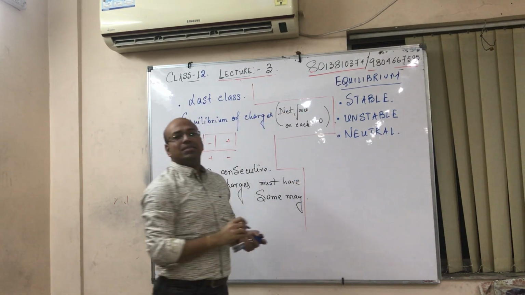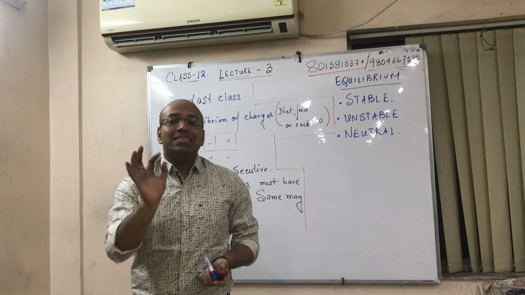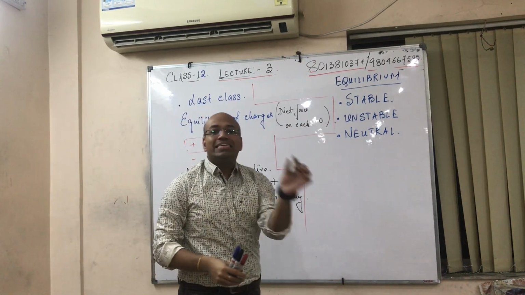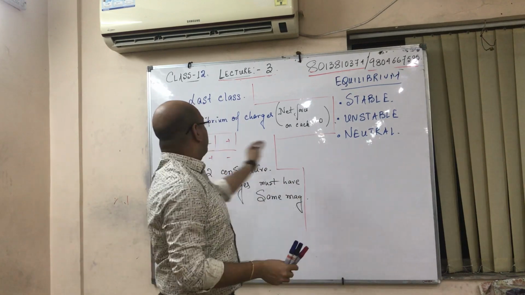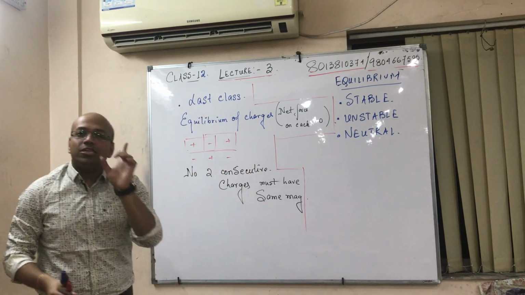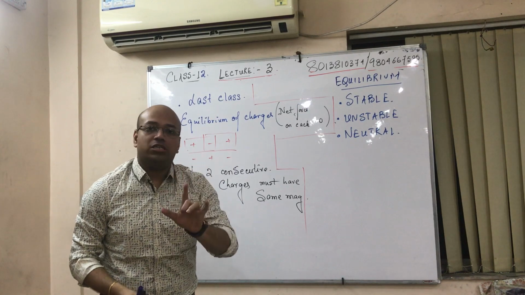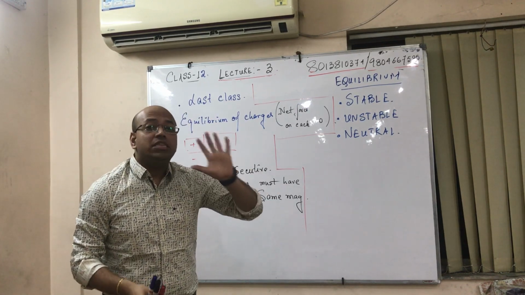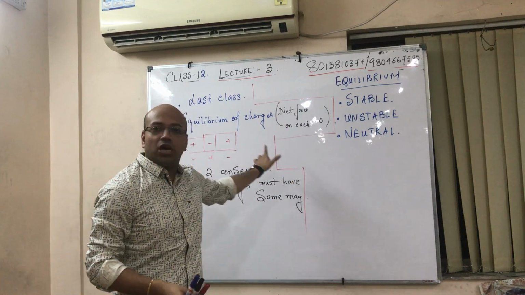Now, I will just say something. What is stable equilibrium? Stable equilibrium means if you displace any of the charges, it returns to its own position without affecting any other charges.